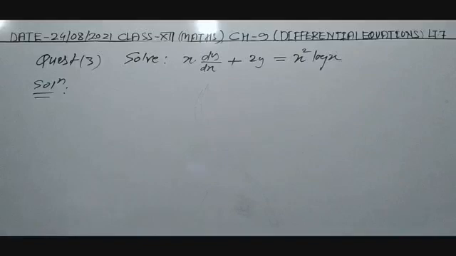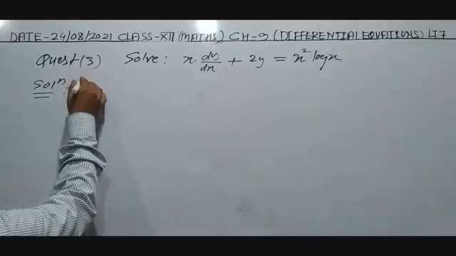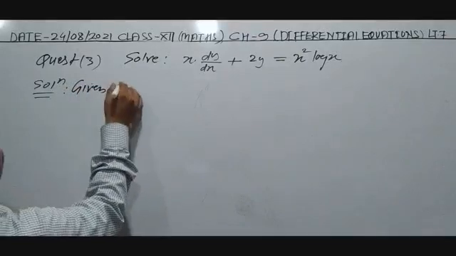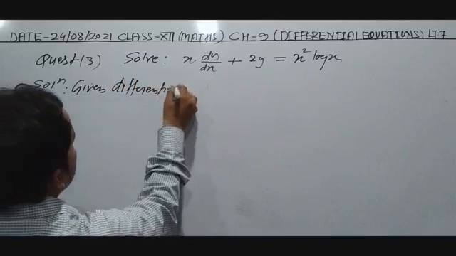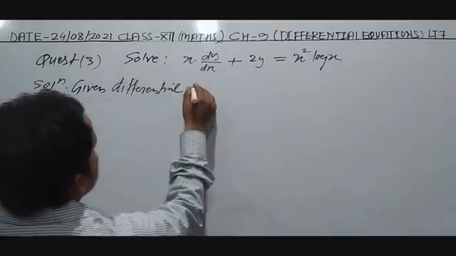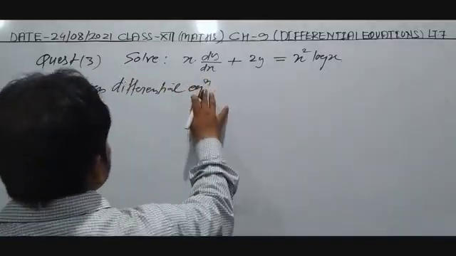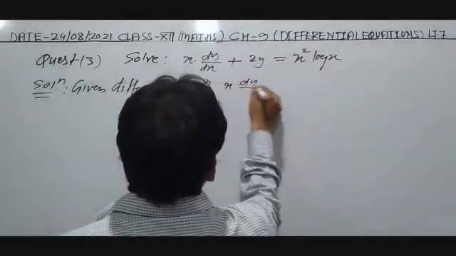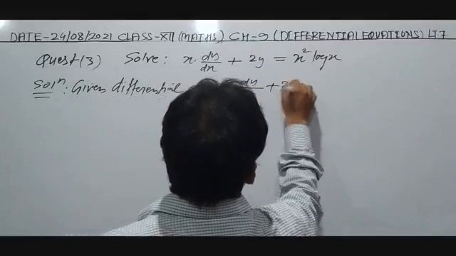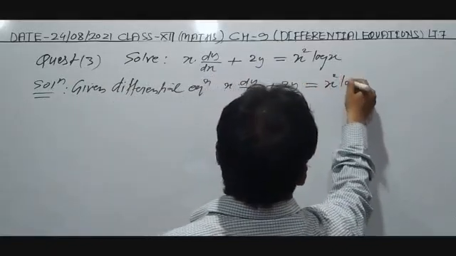The given differential equation is x times dy by dx plus 2y is equal to x square log of x.